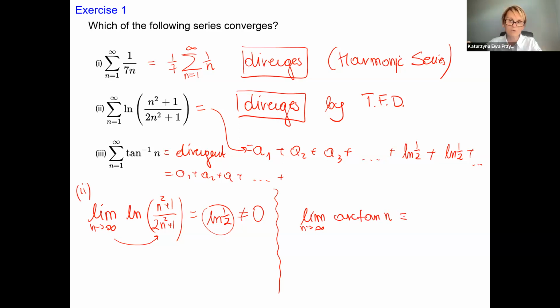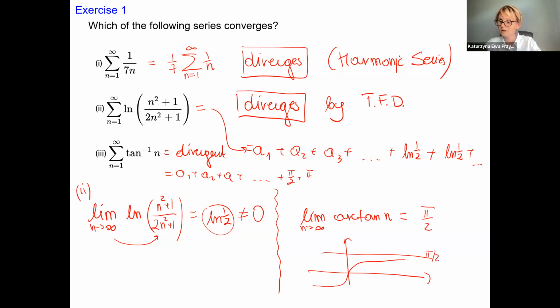This is arctangent. It's approaching pi over 2. That means we will keep adding pi over 2, pi over 2, pi over 2. It's divergent. No chance for convergence by the test for divergence, the nth term divergence test. Okay, none of them converge.